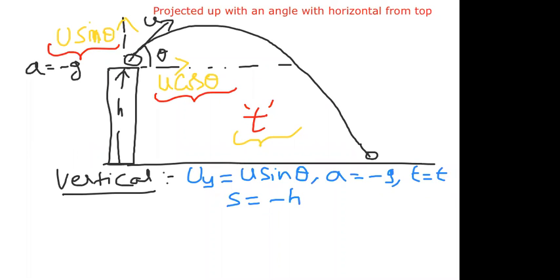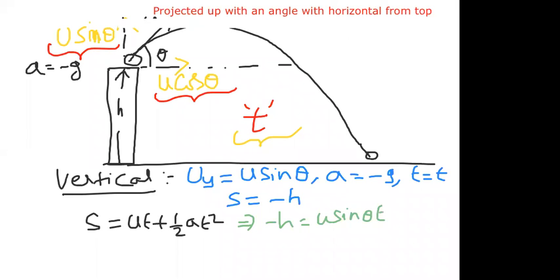From this information, substituting in the formula s is equal to ut plus half at square, carefully observe here: minus h is equal to u sin theta into t minus half gt square, because a is minus g here. Minus h is there, I am taking the minus to the other side.